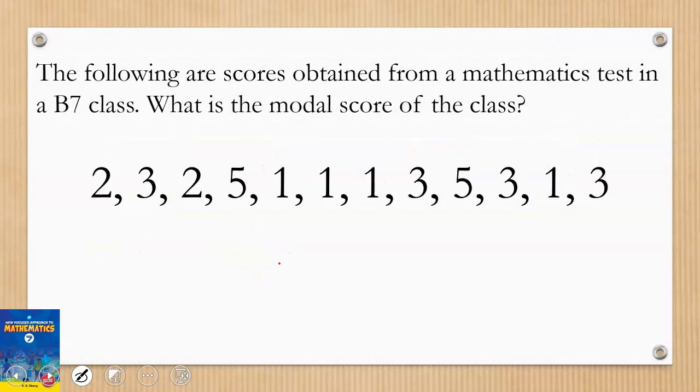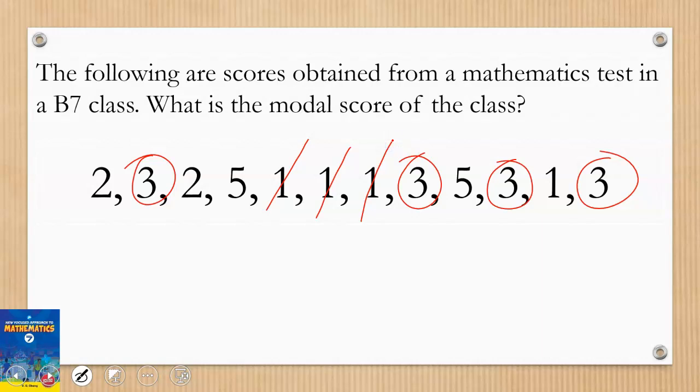Okay, good. Now look at this one too. Here we want to find the modal score of the class once again. And we can see here that 2 appears only twice. Let's count 3. 3 is 1, 2, 3, 4. And let's count 1 also. 1 is 1, 2, 3, 4. I think these are the most, 4 and 4, right?